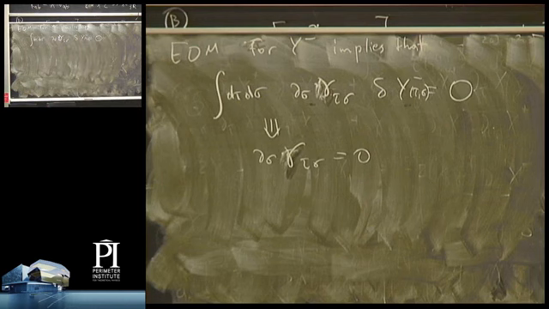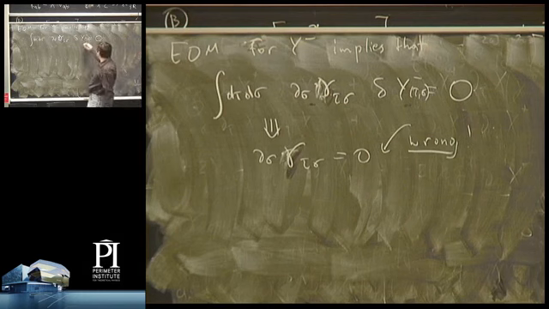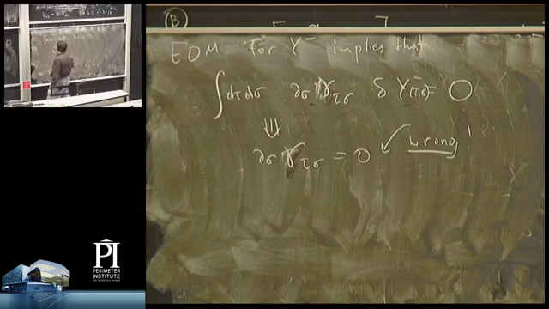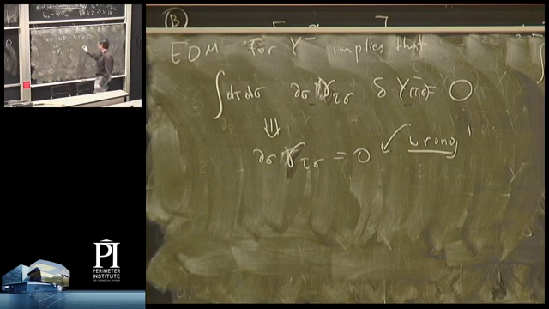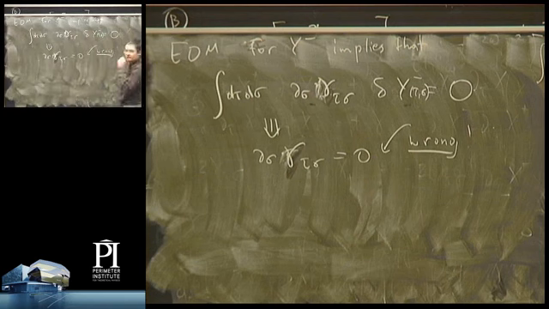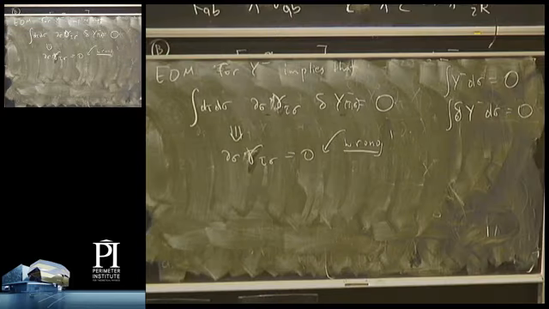So you agree? Okay. Naively you would have said, well, this is an arbitrary function, and so from here this immediately implies that del sigma gamma tau sigma equals 0. And that's incorrect. This is wrong. The reason why this is wrong is because the variation of y minus is not an arbitrary variation, it's constrained.